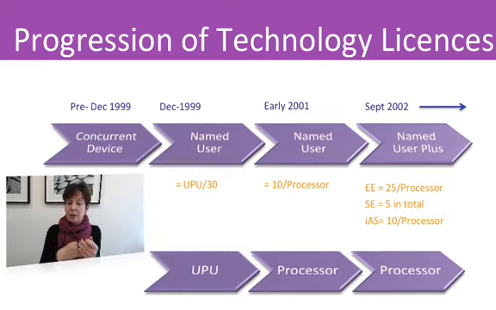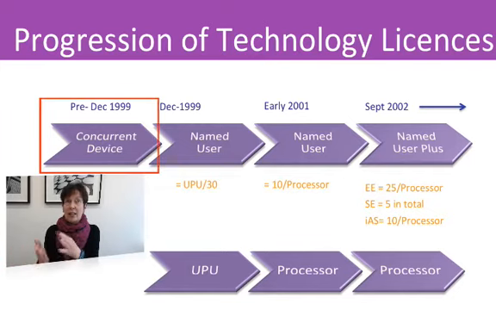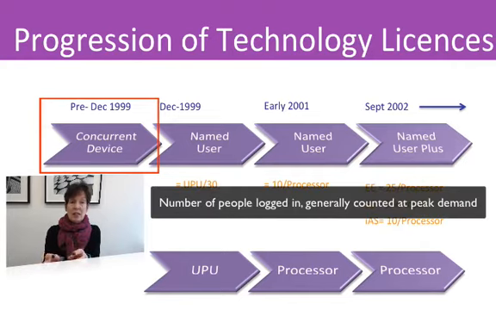So back in pre-1999, in the old days of before the internet really got going, we had concurrent devices, and that was all based on how many people were logged into the system at any one time. So we just counted up who was logged in. It didn't matter whether they were authorized to use the system or what they were doing when they weren't logged in.